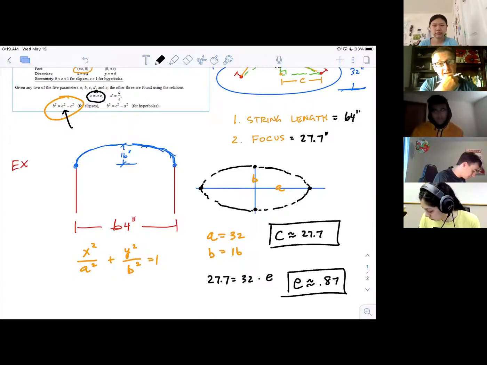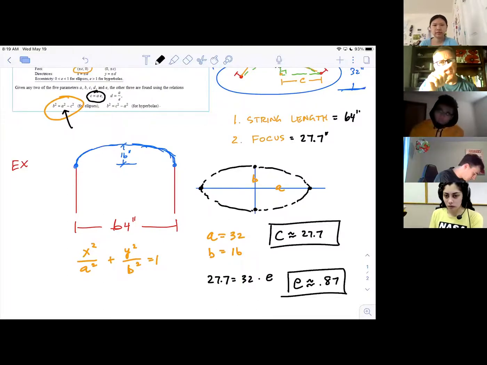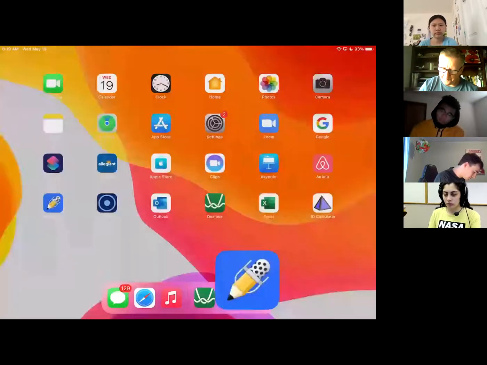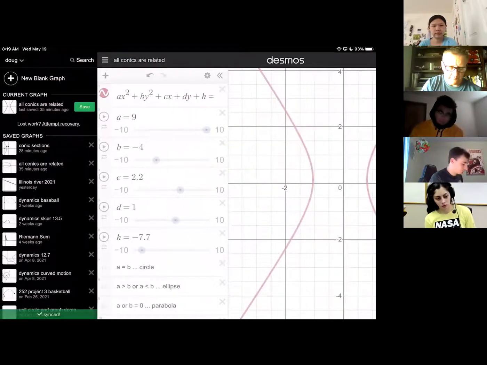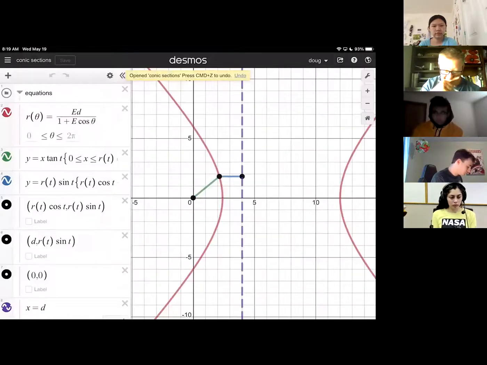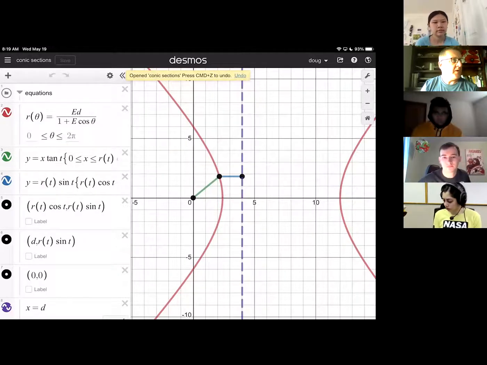And so the E value, which, and I didn't say this explicitly yesterday, is the ratio of the length from, and I'll show you a Desmos for this in just a second. Actually, maybe I better show you right now. So here's another one that I made just this morning very quickly.